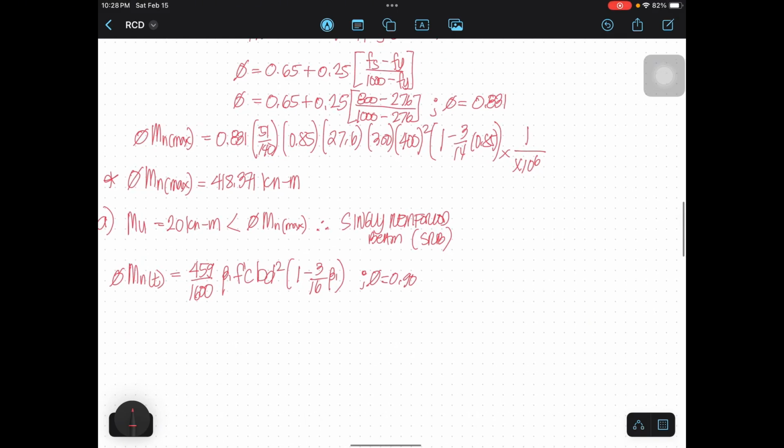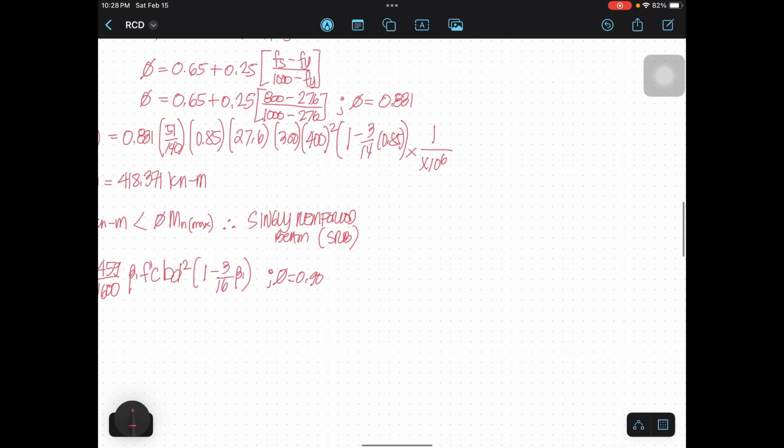Okay, so isi-check natin kung if it is indeed tension controlled ba tayo or hindi. So lagyan natin ng note. If yung ating tension controlled moment capacity is greater than to the factored moment, therefore ito ay nasa tension control.